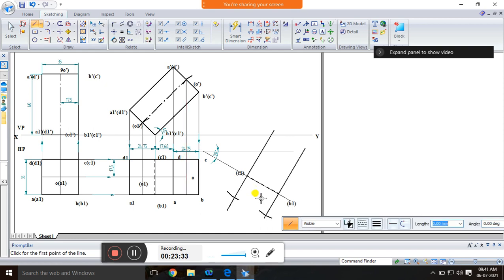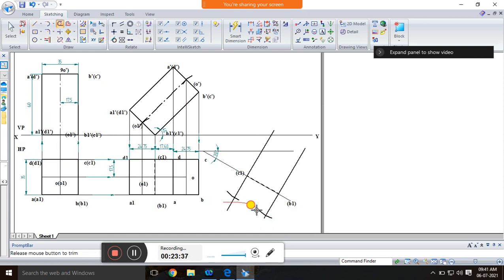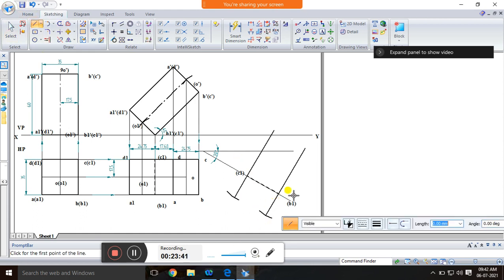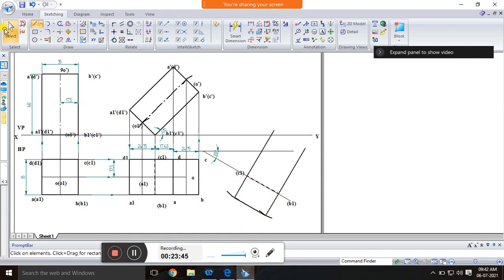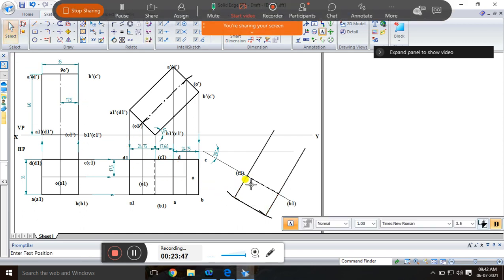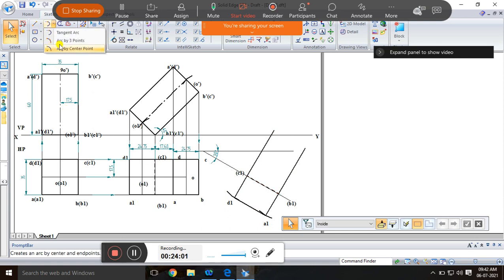Clear? Remove this extra projected line and join the line. Clear? I named this one D1 and this one A1. Similarly, we already got C1, so similarly go for D and C. So here D and C, same compass.